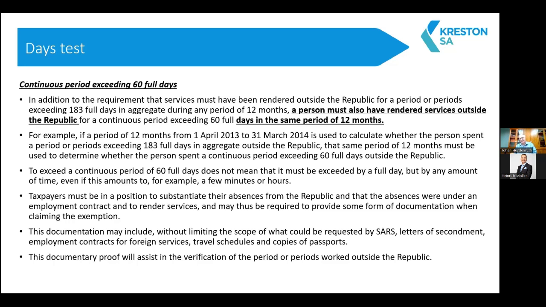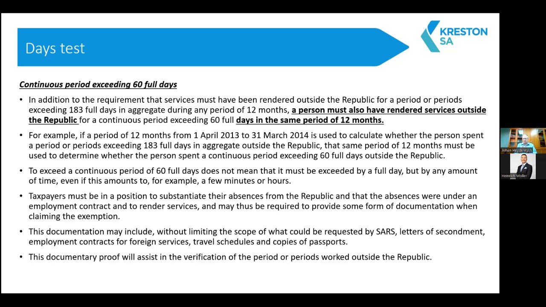You look at any 12 months on a rolling period. So at any given point in time, you look forward, you look back. The moment that you qualify, looking forward or looking back, then you're okay. You are within the 183 days for the 10(1)(o) one.